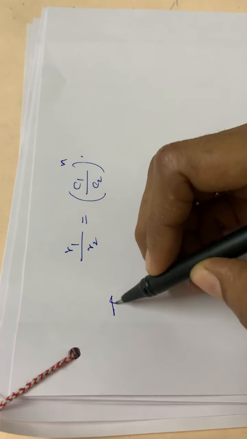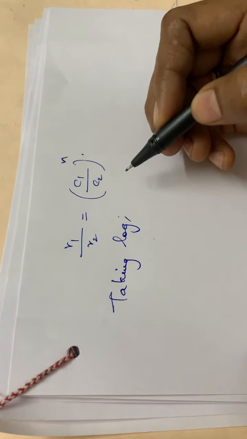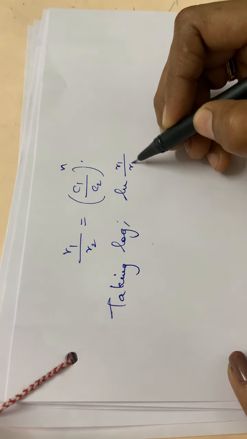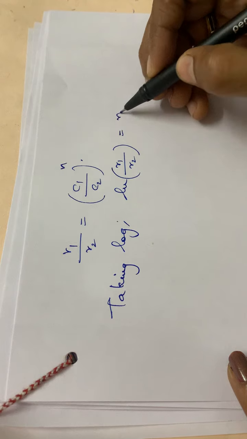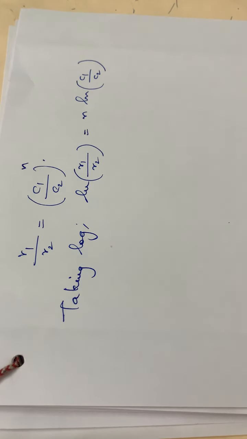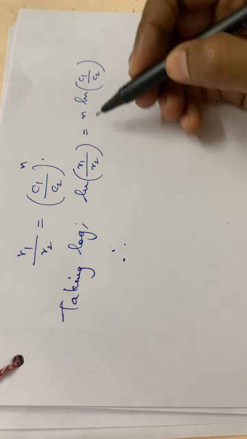So again, taking logarithms, ln R1 by R2 is equal to n ln C1 by C2. Therefore, what is n?